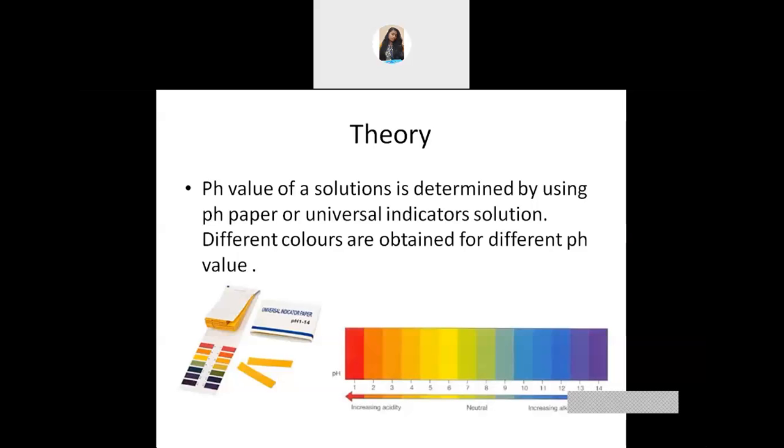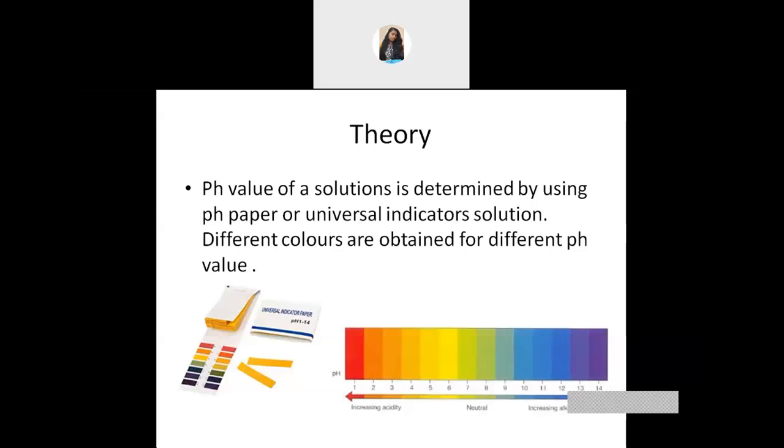Here you can see that value 7 is slightly green, but in reality, when you dip the pH paper in a neutral solution, the pH paper does not change its color.